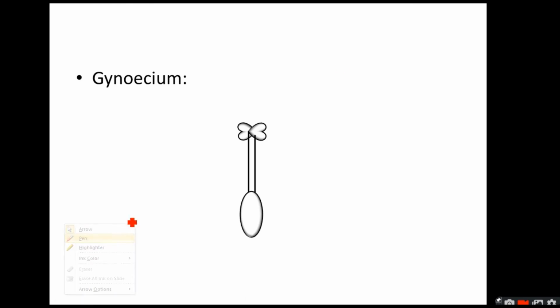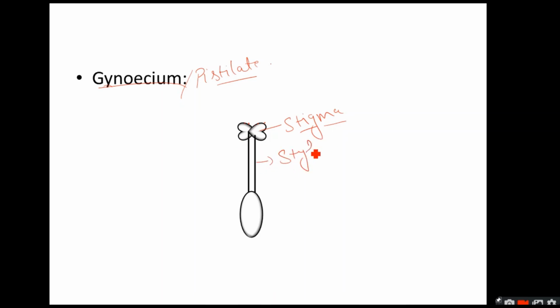Now we will discuss about female reproductive part, which is also known as gynoecium. Now in case of gynoecium, which is also known as pistil, we can see the stigma, the part which we are talking about, where the pollen grains will get bound with the help of pollinating agents. And the next structure is the style, which connects stigma to ovary.